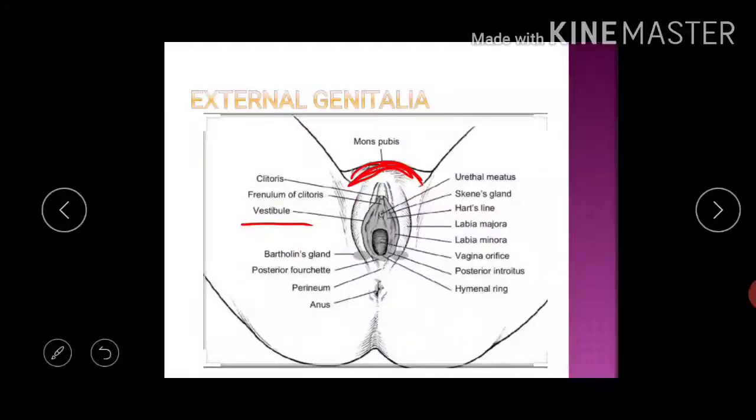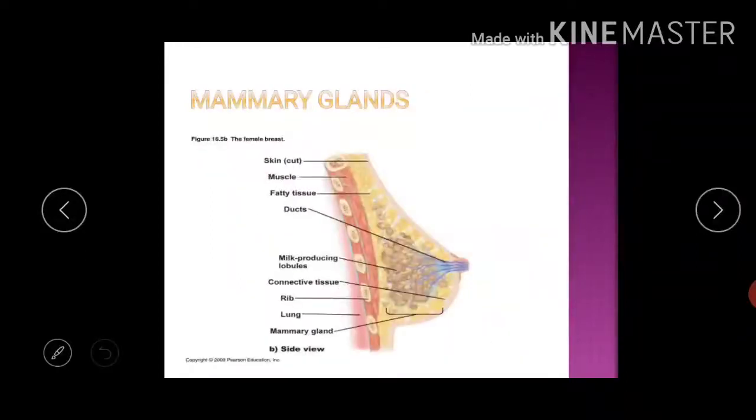Now let's see about the accessory glands present in the female's body. These are known as the vestibular glands, or Bartholin's glands. They are a pair of glands homologous to the bulbourethral or Cowper's glands of the male.